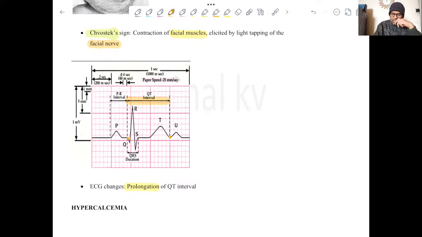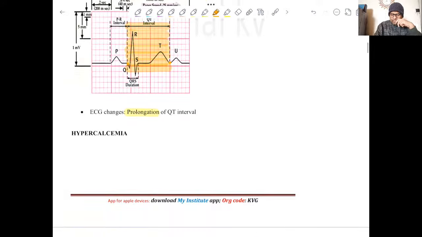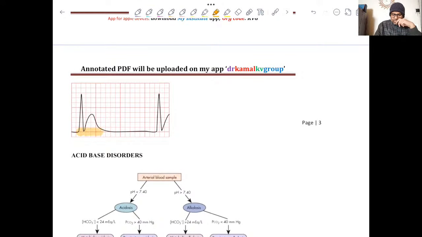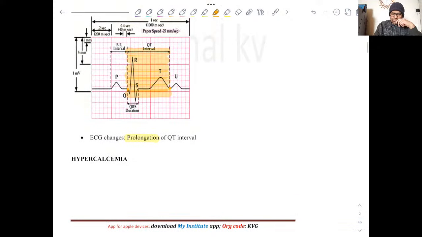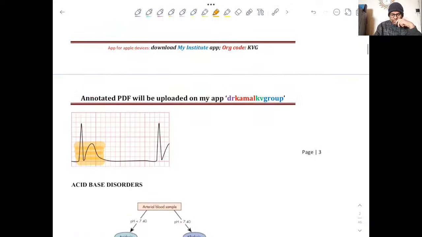So this entire duration is the QT interval, and this will be more in hypocalcemia, and conversely it will be less. Now this is the QT interval, you can say. So it has shortened here. So this is the QT interval, right? So prolonged in cases of hypocalcemia and shortened in cases of hypercalcemia.